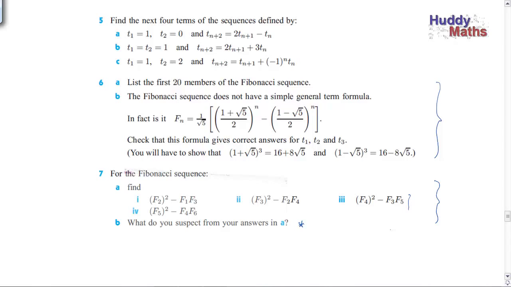So I want you to think about it. This is just the mechanics of what we were doing before. But down here, they are asking you to think a bit. If I list the first 20 terms, that's just using the recursion method. And then it's important that you check out this formula. All right, so pause it and have a go. I'll show you the answers.